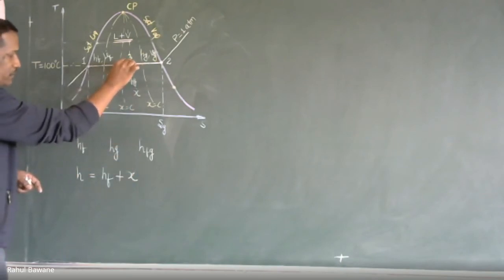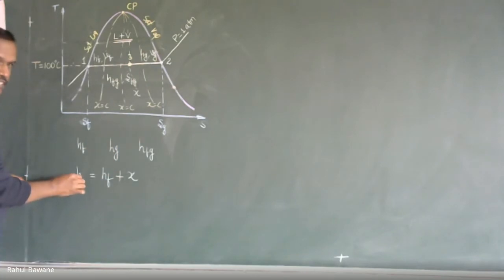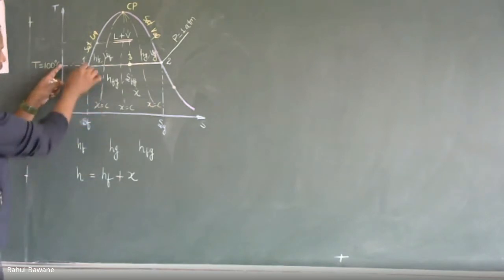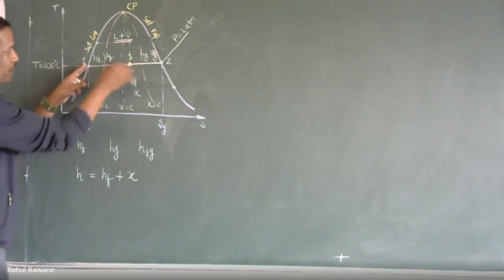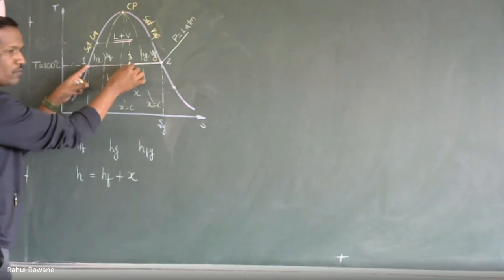Now this belongs to point 3. So at point 3, what is the enthalpy? H is the enthalpy at point 3. For this calculation it is Hf plus this much enthalpy. For this much enthalpy, I must know the dryness fraction at this point. The dryness fraction is x. What is the enthalpy from this to this?